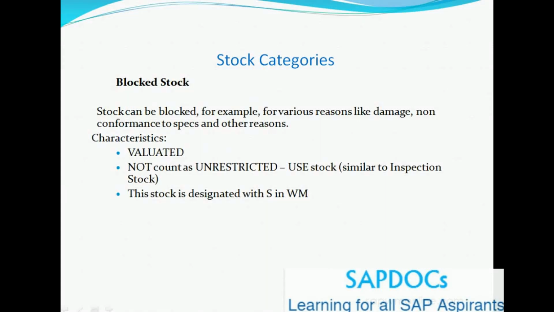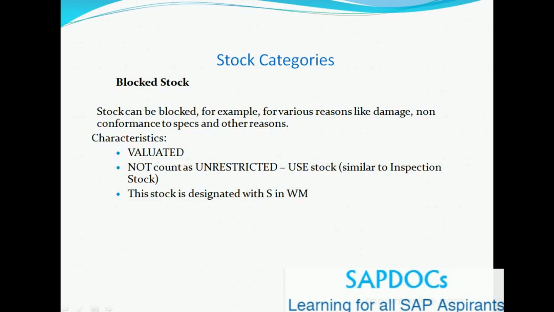Let us see what is a block stock. Stock could be blocked, for example, for various reasons like damage, non-conformance to specs and other reasons. You can block stock whenever it has come from a vendor and you are doing a goods receipt. If you find it doesn't conform to the specifications, you can also block stock when it is already received and it is not conforming to specifications, or for any other reason.